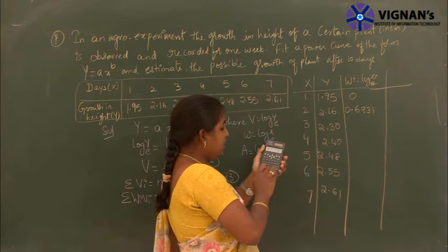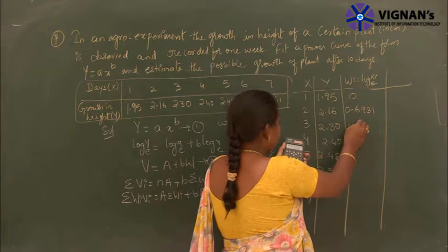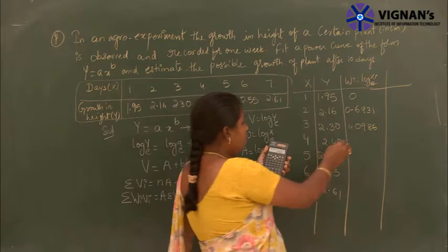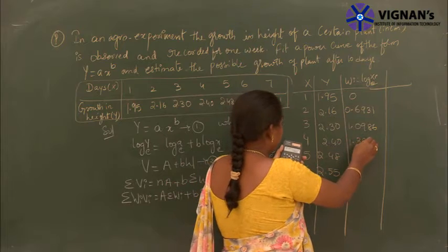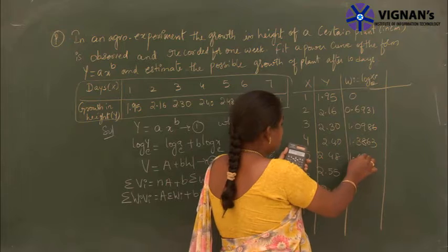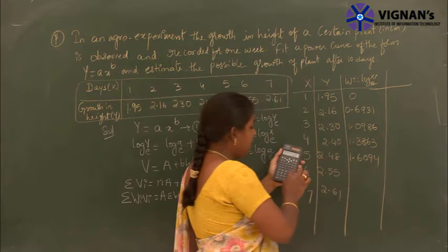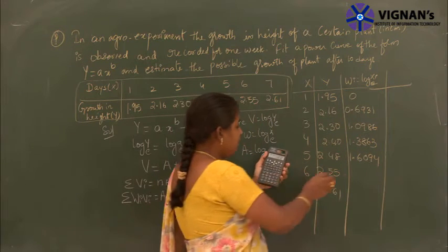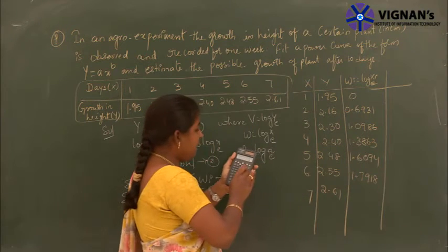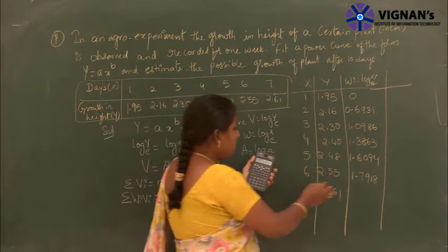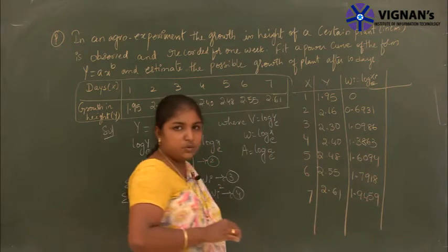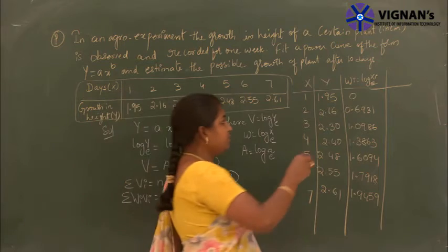Next, ln 3 is 1.0986. ln 4 is 1.3863, ln 5 is 1.6094, ln 6 is 1.7918, ln 7 is 1.9459. Next we are finding vi values.